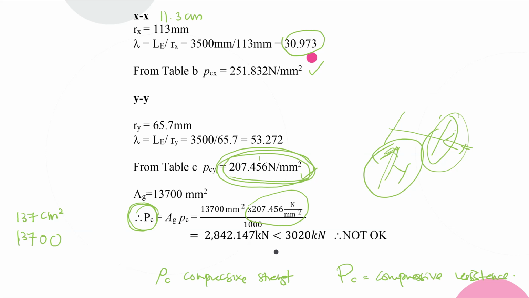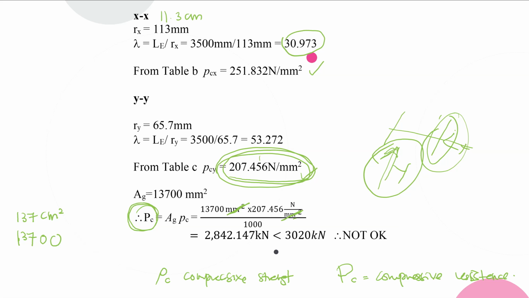Okay, and you will get some values which is in Newton. Since this one you cancel out dengan this one, you akan dapat dalam Newton. And here I divide with 1000 because I want to convert it into kilonewton. So you dapat 2842.147. So when we get this value, so ini adalah final answer kita, whether it's wrong or it's right, because kita assume the section.